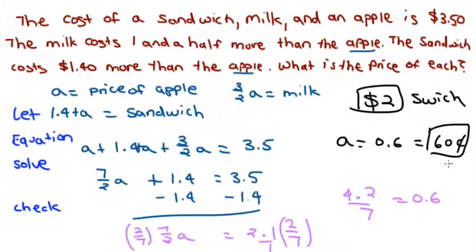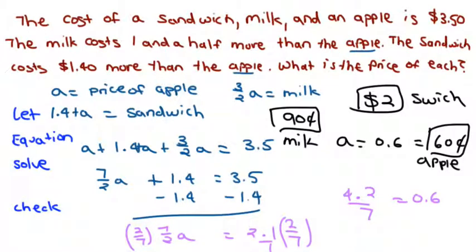So 60 cents is the apple, $2 is the sandwich, and the milk is 1.5 times the apple. So 1 times the apple is 60 cents, and then half of 60 cents is 30. So 60 plus 30 is 90 cents for the milk.